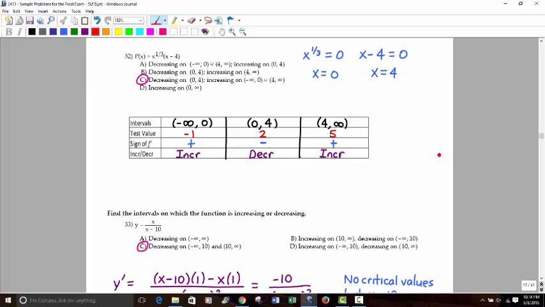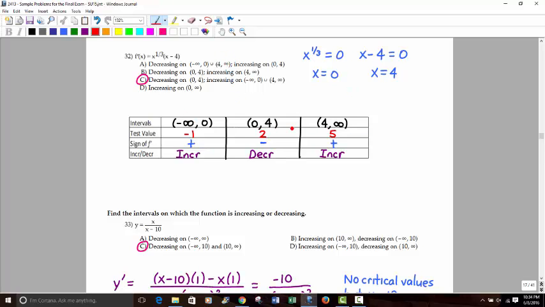Okay, 32, same thing, it's giving you the derivative here. So you set each piece equal to 0. And if x to the 1/3 equals 0, you cube both sides, you get 0. And x minus 4 equals 0, so you get 0 and 4.